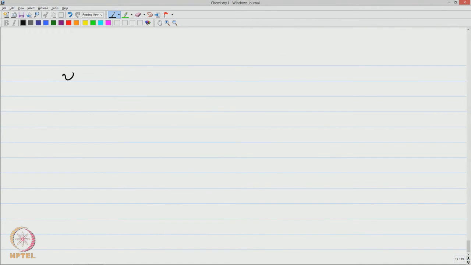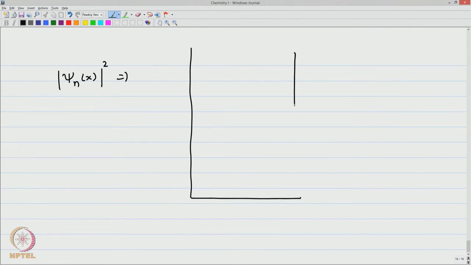Recall psi n of x, the absolute square for the particle in a 1D box. If you remember the picture that I had for the wave functions and the wave function square, for n equal to 1, it is a sine square. For n equal to 2, it is a full wave.